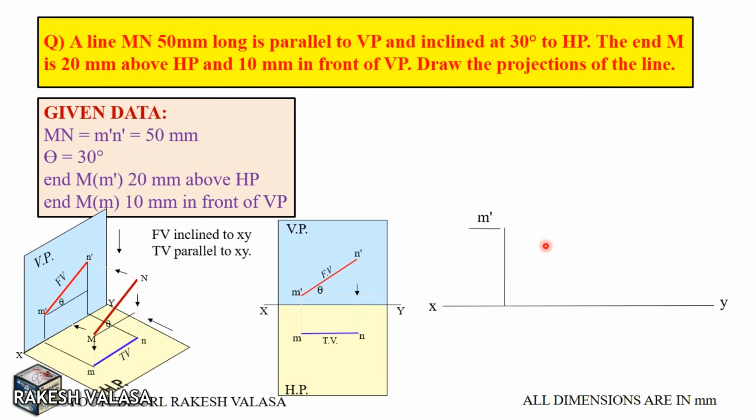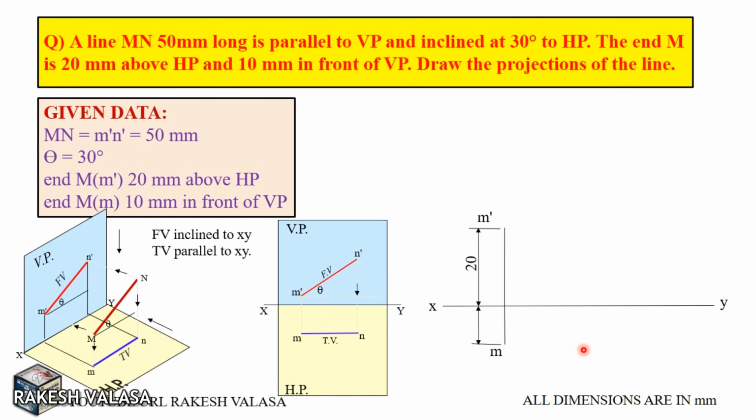You can give the dimension. Then 10 mm in front of VP. This is the first quadrant. We know that in the first quadrant, the front view is above XY and the top view is below XY. That length is 10 mm in front of VP, 10 mm below XY. That name is M. Give the dimension here.